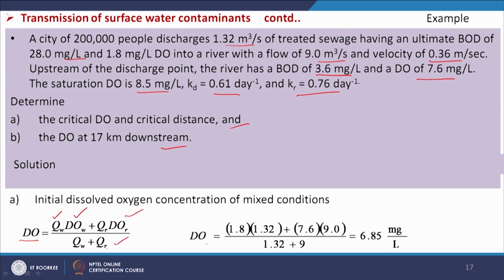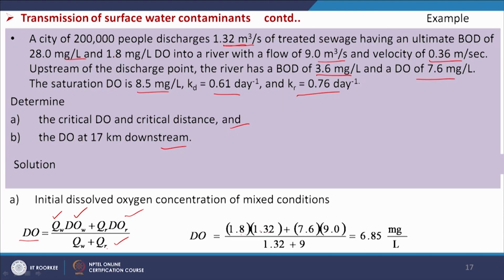Similarly, if we put these values here, QW is the waste flow rate, which is 1.32, and DOW is equal to 1.8.